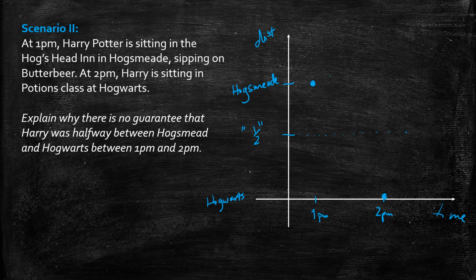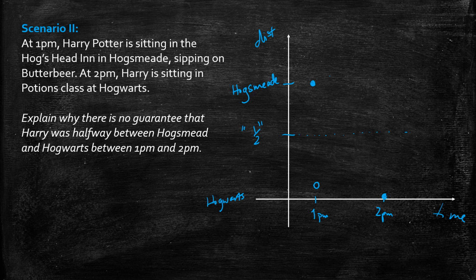But we know that Harry Potter can disapparate and apparate. So suppose he was in Hogsmeade, he was in the Hogshead Inn, he disapparated, and he suddenly appeared somewhere else in Hogwarts. So in a moment of time, instantaneously, it's sort of hard to know whether it's open circles.